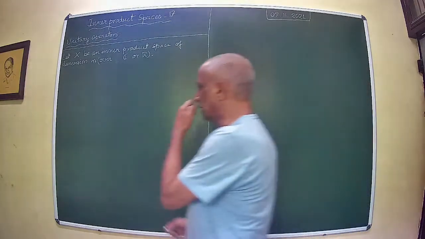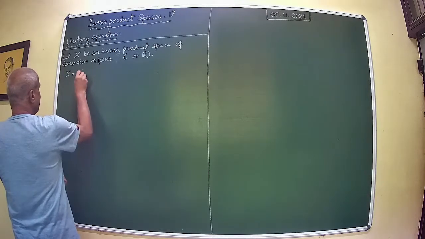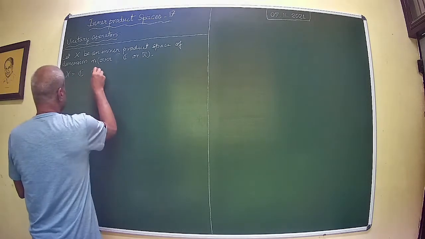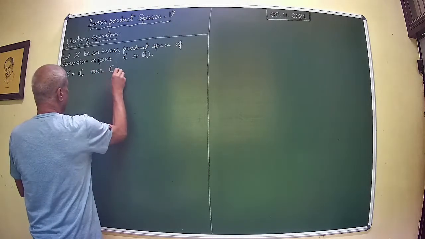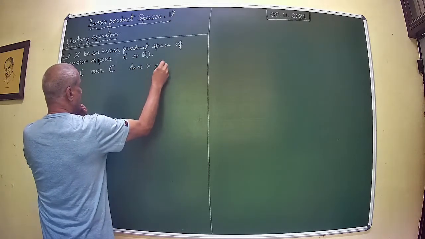If your inner product space is X equal to C over C, then the dimension of X is equal to 1.